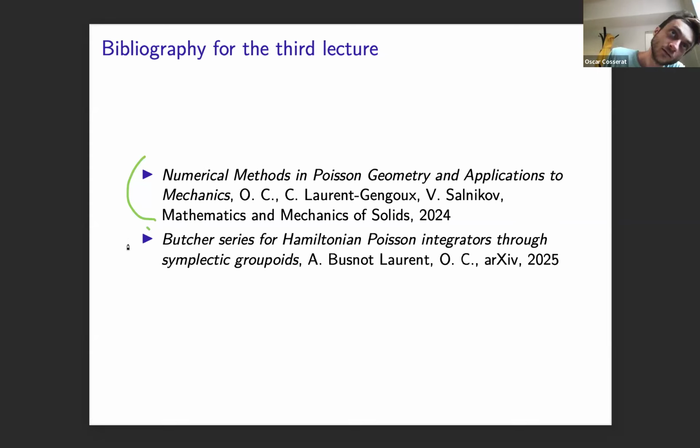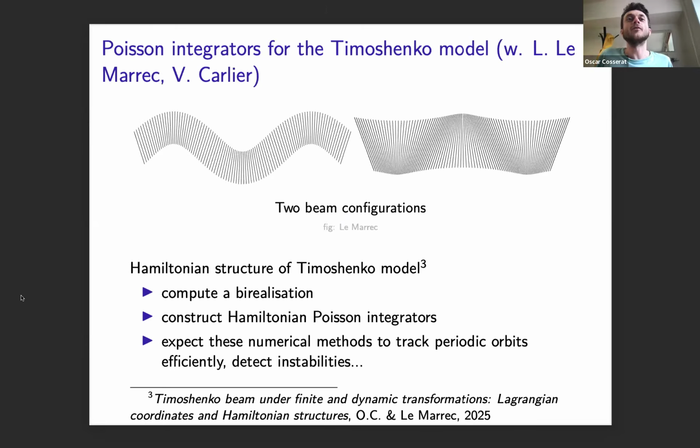And this is a preprint for now, where we explain how to solve the Hamilton-Jacobi equation. I have 2 perspectives, so I keep on working on these Hamiltonian Poisson integrators.